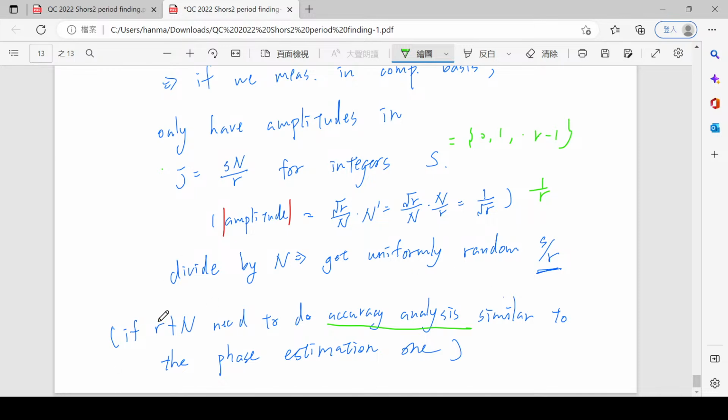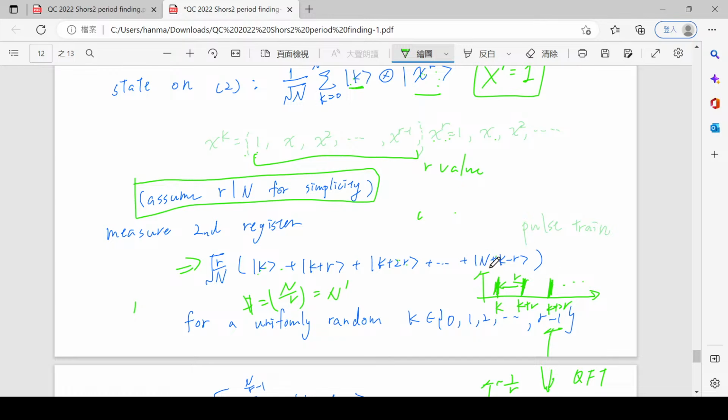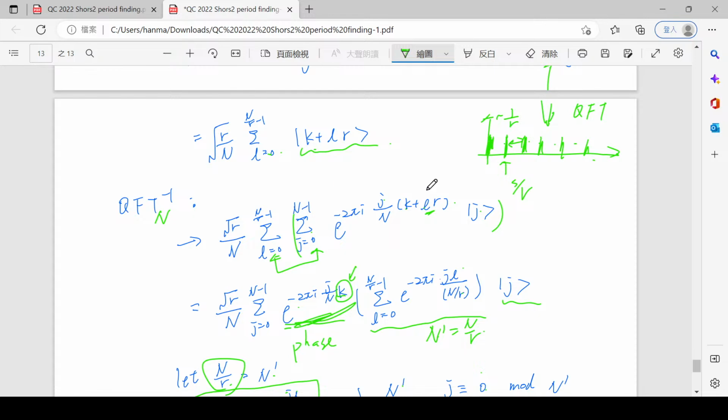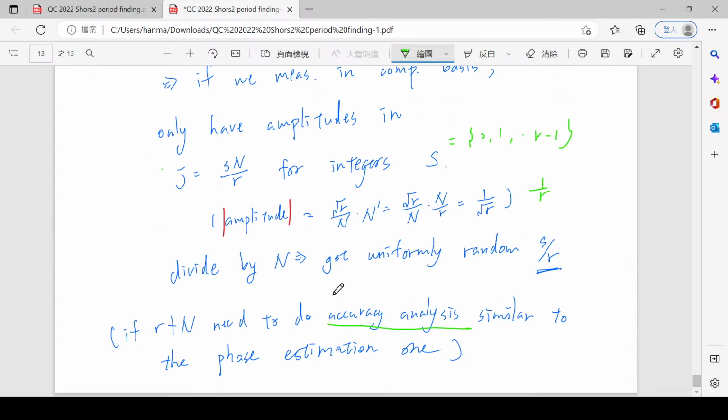Okay. So if n is not a multiple of R, then there are a lot of cutoff things you need to analyze. Say here you will have some weird cutoff, and also the summation part is not going to cancel out nicely. But because you are basically doing phase estimation, the error analysis is going to be similar to the phase estimation error analysis.